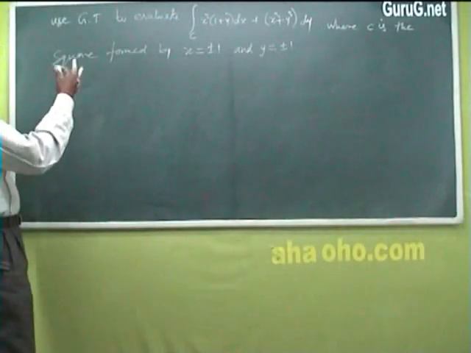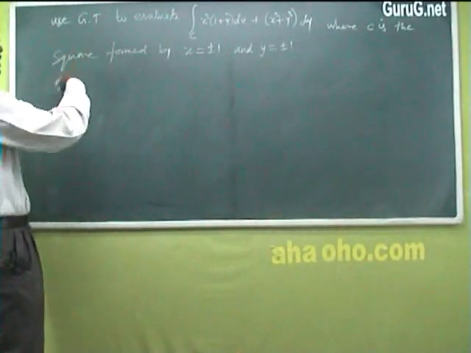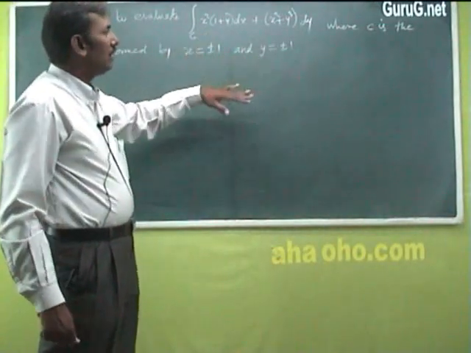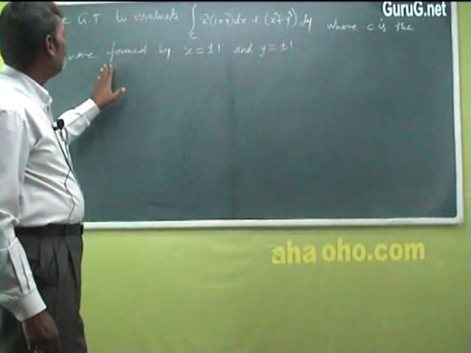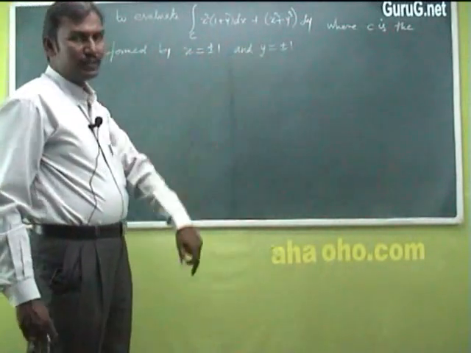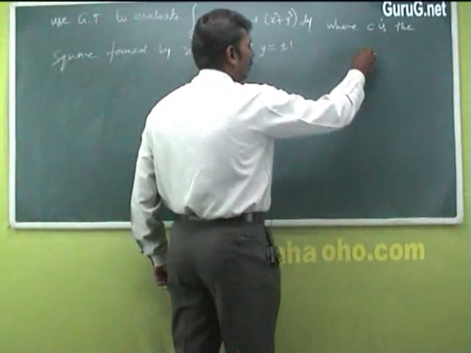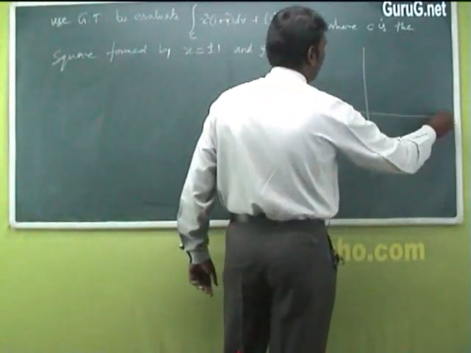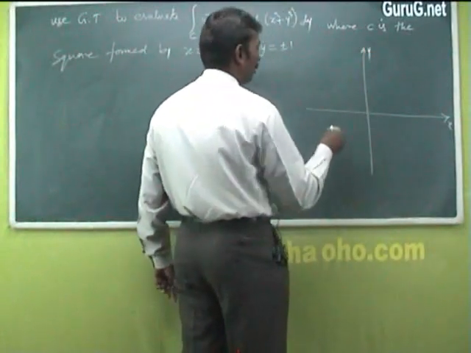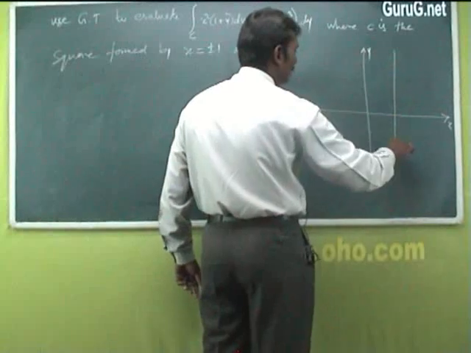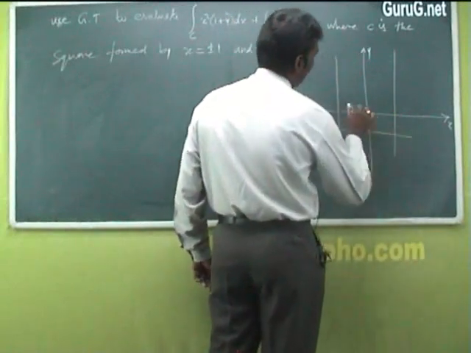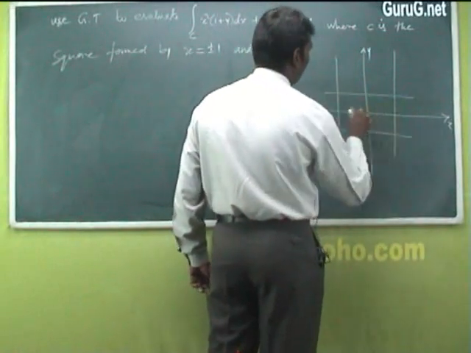Okay, next is another application of Green's theorem. Using Green's theorem, I have to evaluate this integral where C is the boundary of the square formed by x equal to plus or minus 1 and y equal to plus or minus 1. So this is the x axis and this is the y axis. x equal to 1 is like this and x equal to minus 1 is this, and y equal to minus 1 and y equal to plus 1.